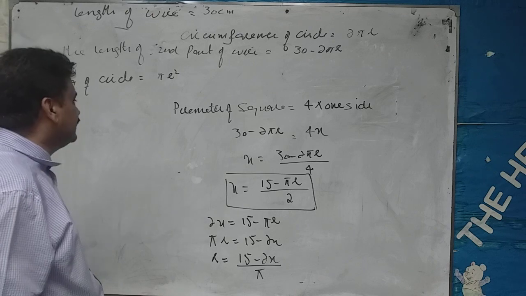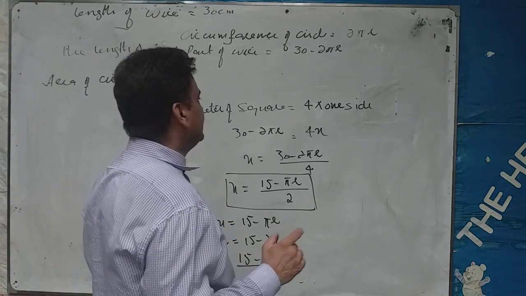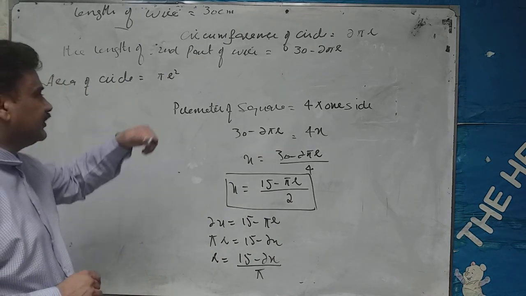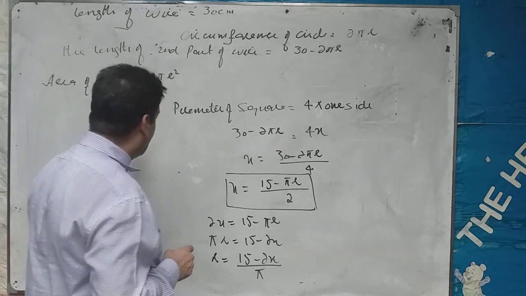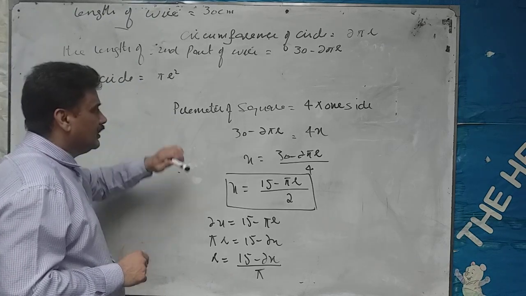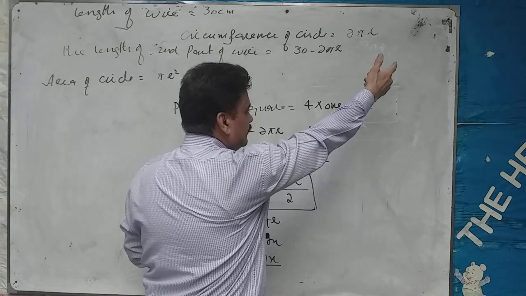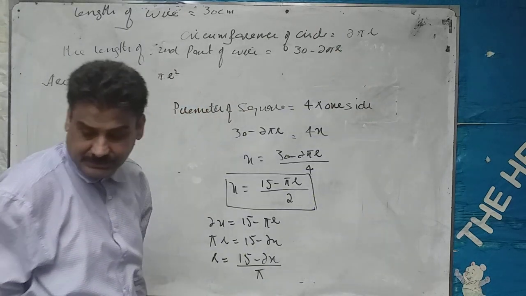We now want to find the combined area. Combined area means the area of the circle, which is pi r square, where we replace the value of r here, plus the area of the square. Area of square means side multiplied by side.